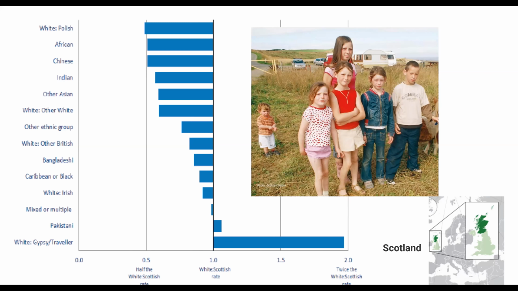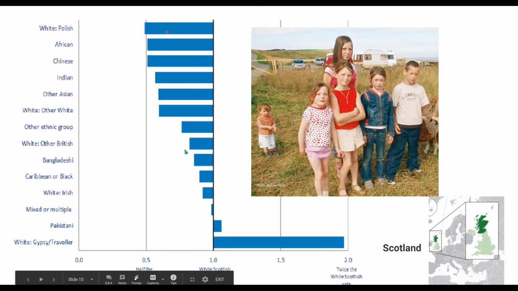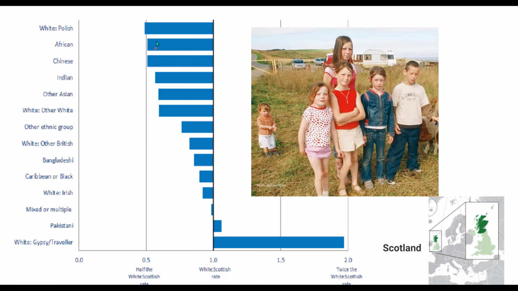And looking at this, I want you to notice, so here is the rate of health outcomes, and these are like disabling health conditions for white Scottish citizens in Scotland. And look at the African population. They actually have a lower incidence of disease. And then Caribbean or Black is still lower.